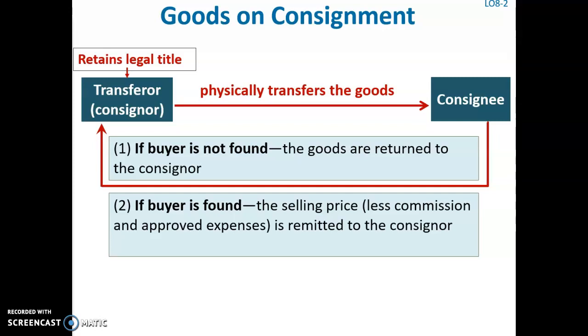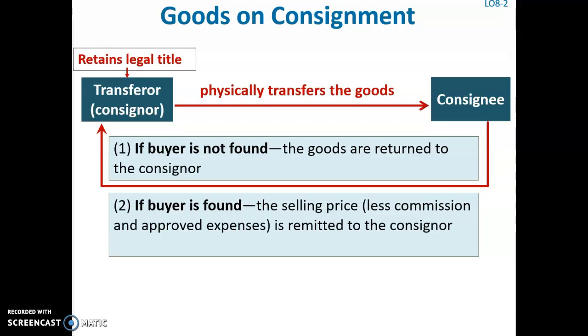If a buyer is found, the consignee remits the selling price, less commission and approved expenses to the consignor. One way I remember who is the owner of goods on consignment is that the consignor is still the owner of the goods.